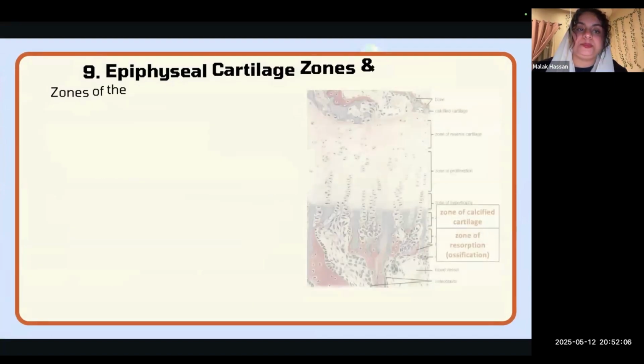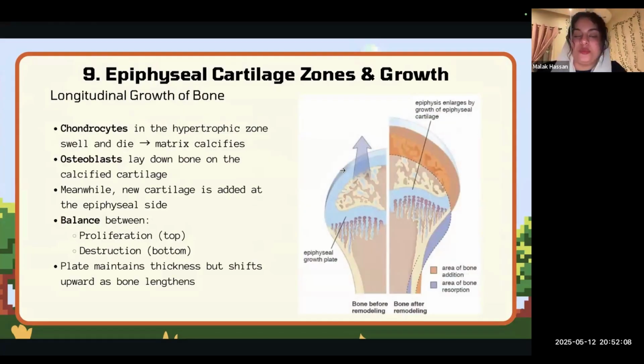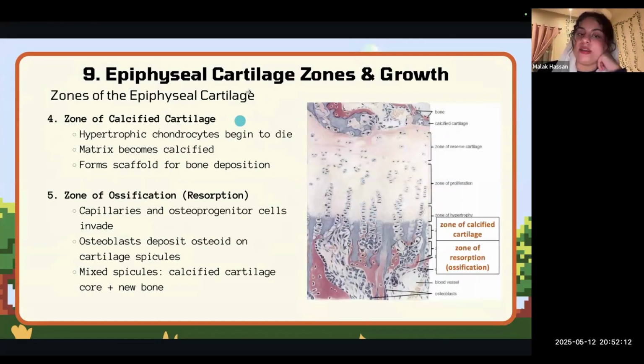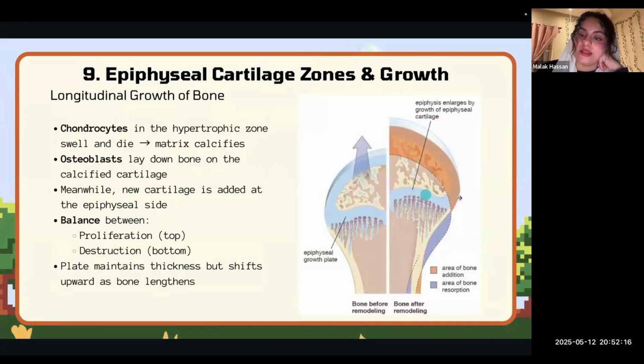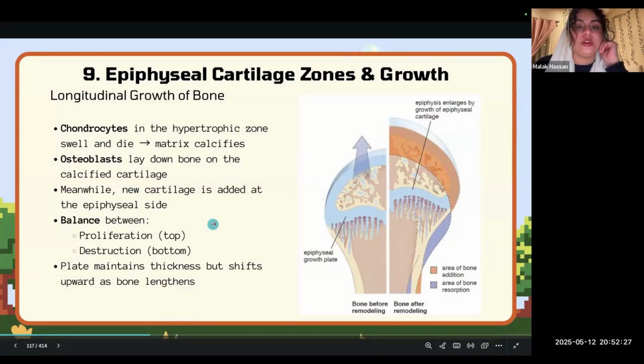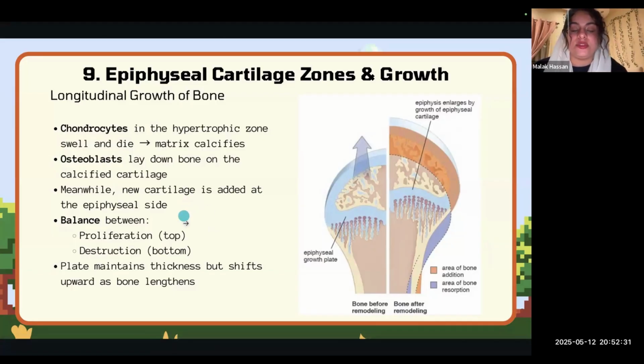Okay. Now let's talk about the longitudinal growth of bone. It happens by, like we said, the epiphyseal plate growth. So the chondrocytes in the hypertrophic zone are going to swell and then die, and the matrix is going to calcify, and the osteoblasts will lay bone on the calcified cartilage, and then new cartilage is added to the epiphyseal side.